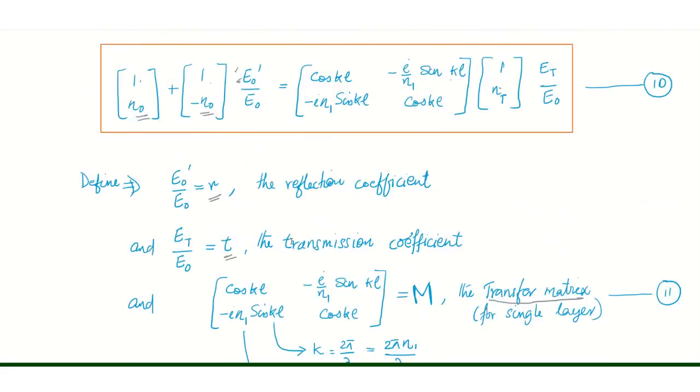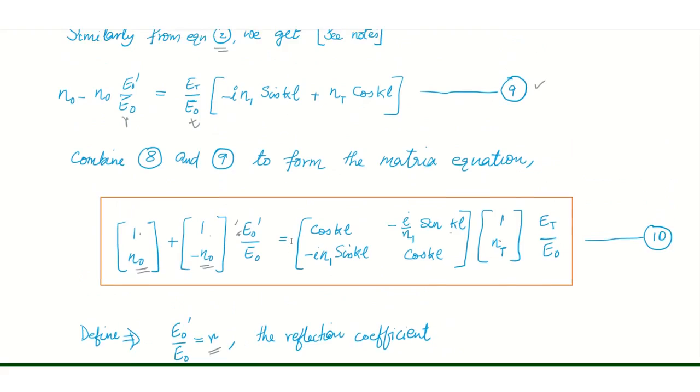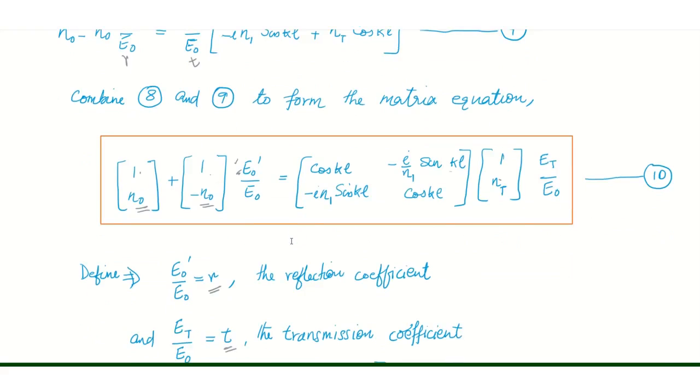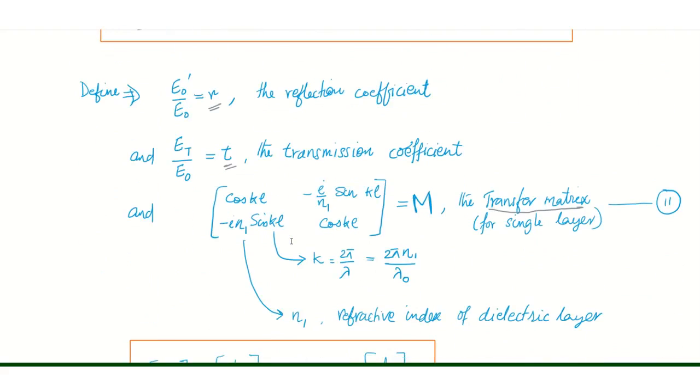Here, one thing which I haven't told you is that at some point we have replaced K1 with K, because there's no point in keeping the 1 here. We have used K as the wave number for the dielectric medium or the film.